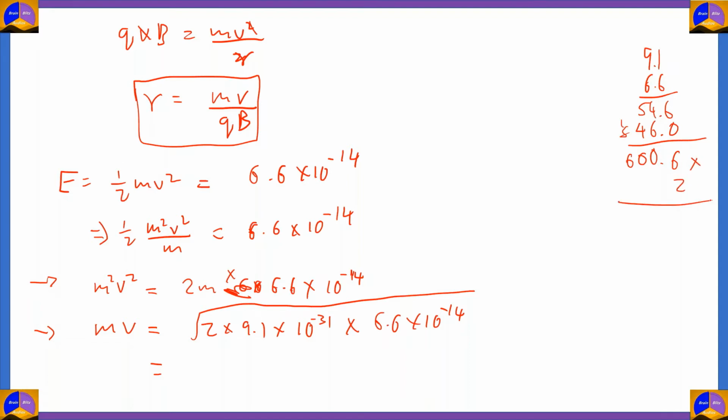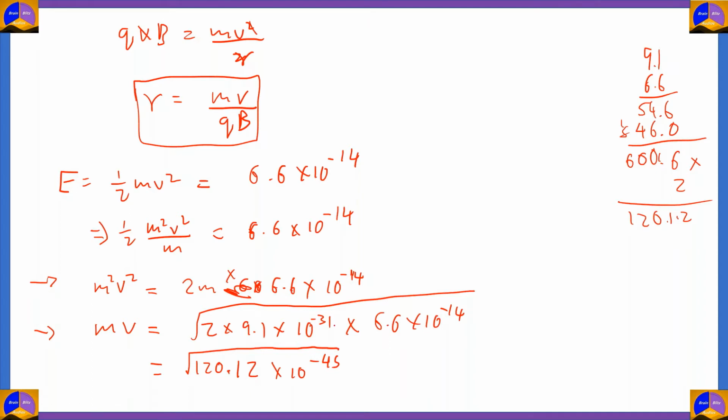Now we multiply this by 2, so it'll be 1201.2. So we'll have 120.12 × 10^-45 under root as the answer for mv.